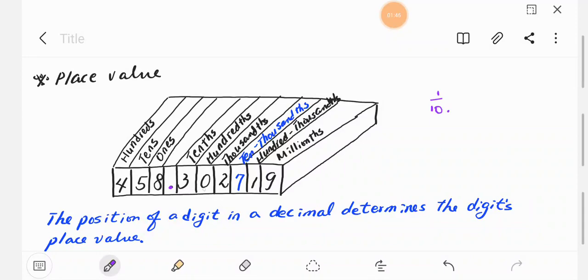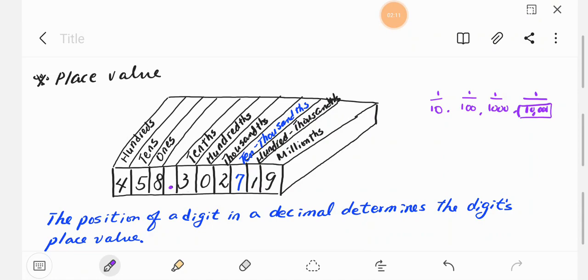The second digit is called the hundredths digit. Hundredths means 1 over 100. The third one is thousandths, which is 1 over 1,000. And the fourth digit is ten-thousandths, 1 over 10,000.